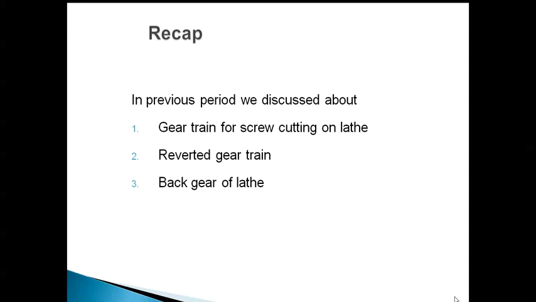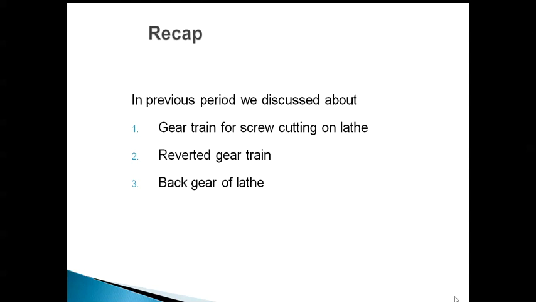In the lathe, the spindle has the cone pulley, which rotates freely on the spindle. There is no connection between the cone pulley and the spindle. To get different speeds, we use the belt at different steps of the cone pulley.